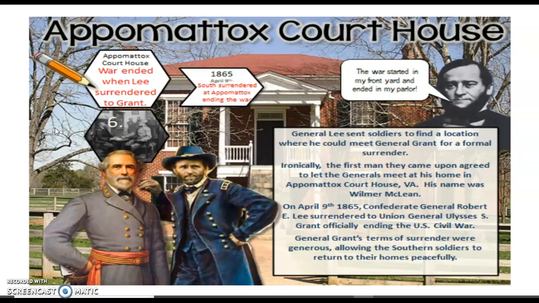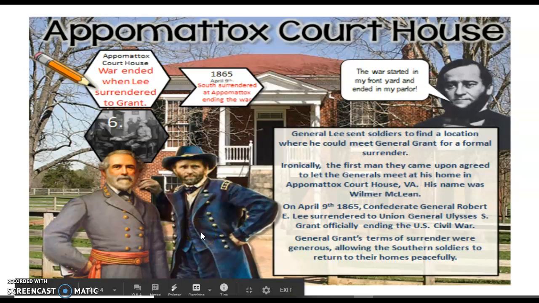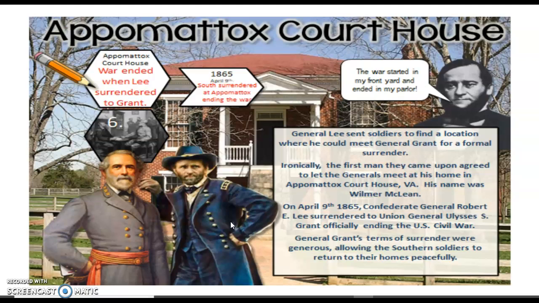And General Ulysses S. Grant, seen here in the blue, was actually pretty generous with the terms of disengagement of war. So they allowed Southern soldiers to return to their homes peacefully. And this was pretty significant because if you think about the idea of turning against your own country and fighting a war against the United States, that's what is considered to be treason because you are betraying your own nation and waging war against it.